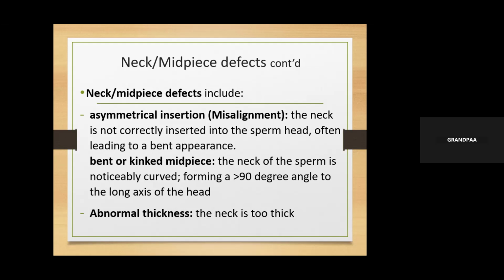So what it means is that for the neck to show that kind of symmetry, you should be able to fix axially. I mean, it should be able to hit the head area at like 90 degrees directly. Okay. Anything other than that will give you an asymmetrical insertion. And once there's that asymmetry, it will lead to a bending of the head.